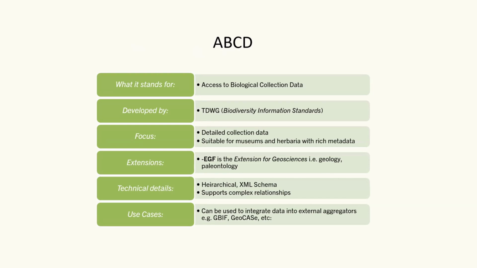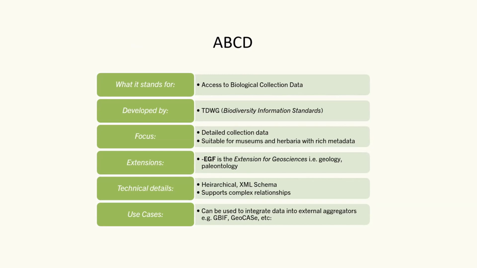ABCD stands for Access to Biological Collection Data, and it was developed by TDWG, which you'll hear a lot, which is the Biodiversity Information Standards Group. The focus of this is detailed collection data, and it's suitable for museums and herbaria with rich metadata.